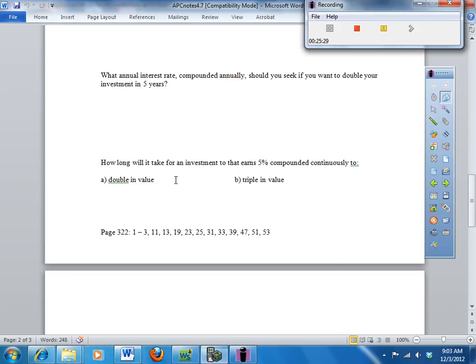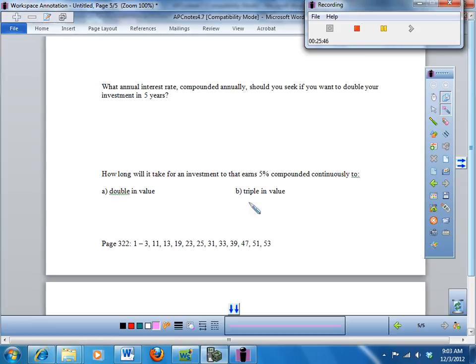Okay? So let's do triple in value because it's kind of the same idea. In this case, you have 3 times your principal is equal to your principal times e raised to the 0.05 t. Easy. And then you can cancel these out, and you get that 3 equals e to the 0.05 t. And does anyone remember from that previous quiz, how do I get rid of that e?